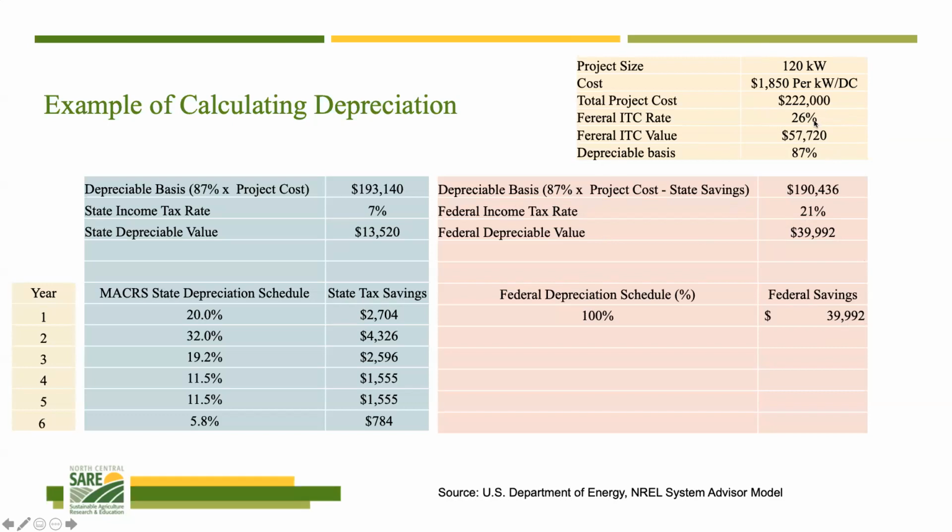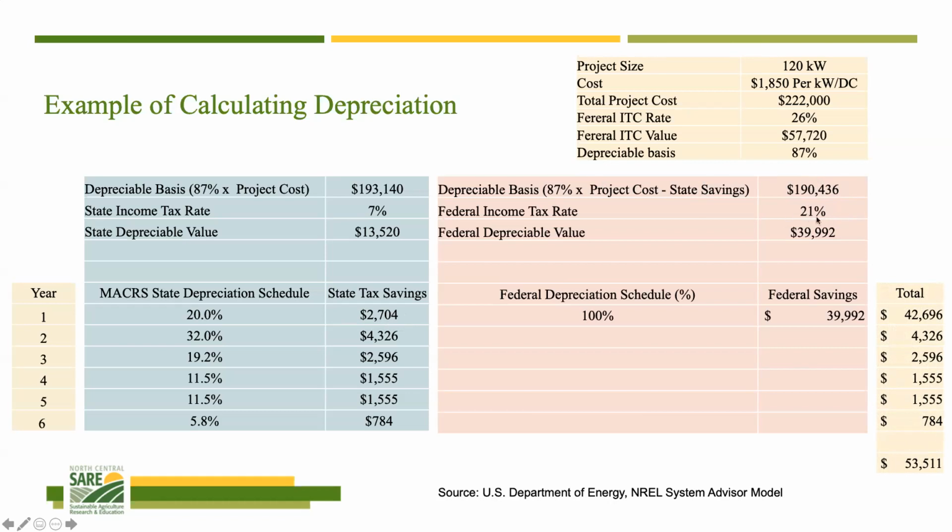We have to reduce the depreciable basis by half of that. So 13 percent off of 100 gives us 87% of the project that can be depreciated. So 87% times 100% of the project cost minus the state level savings. We look at our year one state savings over here, 2,704, and we have to subtract that as we look at the depreciable basis on the federal side.